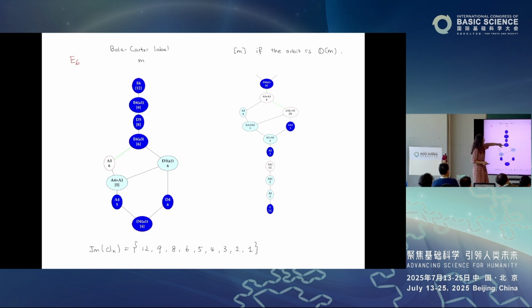The numbers in square brackets are the orbit corresponding to this number. So you can read from this that, for example, in E6, the image of this map will be 12, 9, 8, 6, and all the numbers below 6.